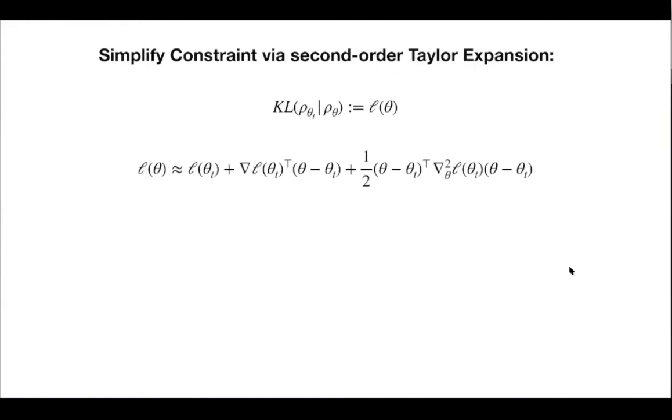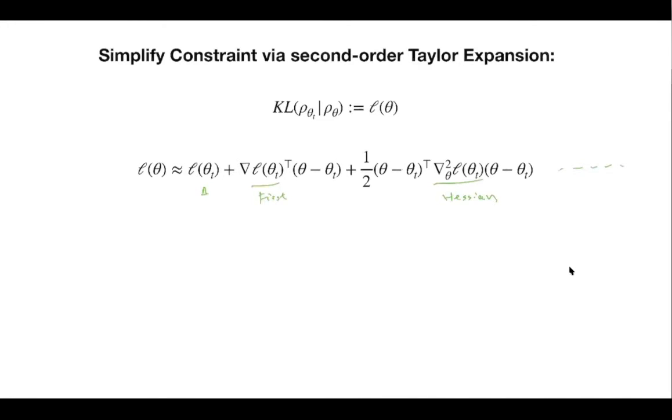Let's do a second order Taylor expansion of L theta at theta t. So there's a zeroth order term, a first order term, and this is a Hessian. And we ignore the higher order terms.